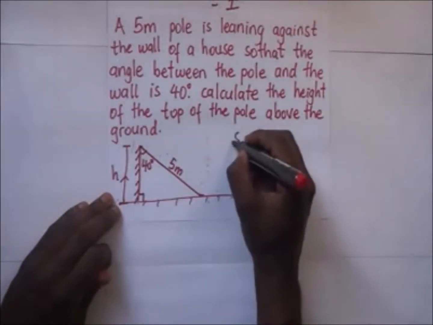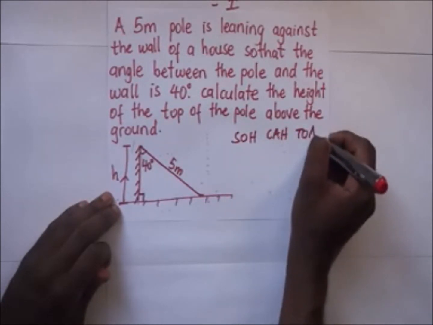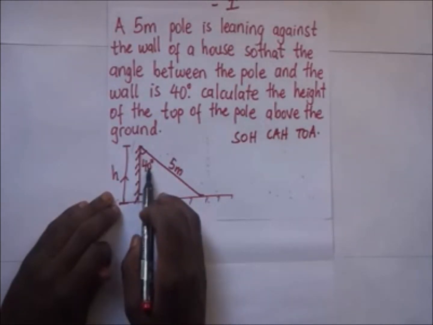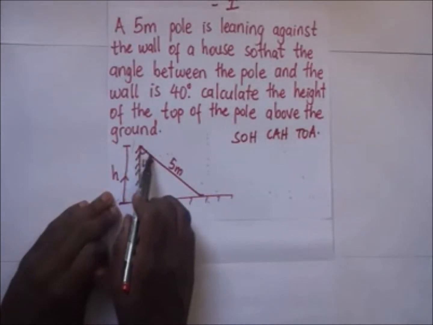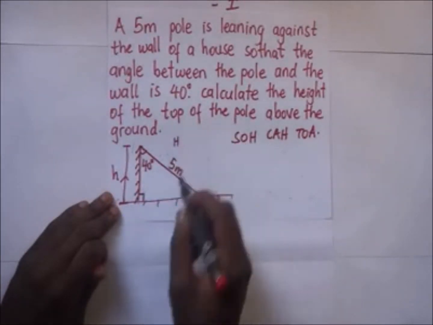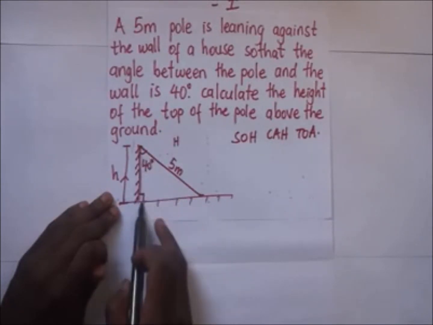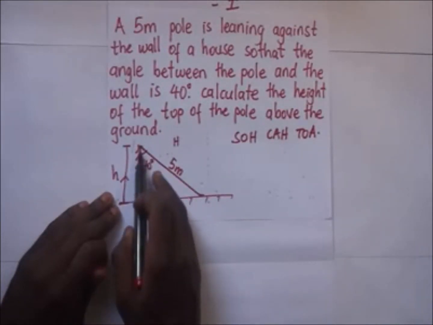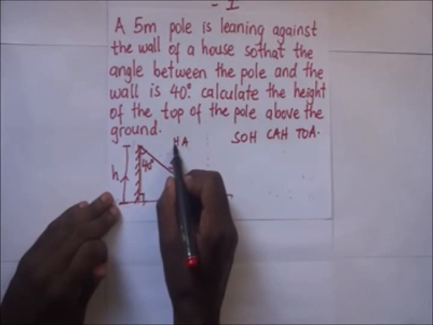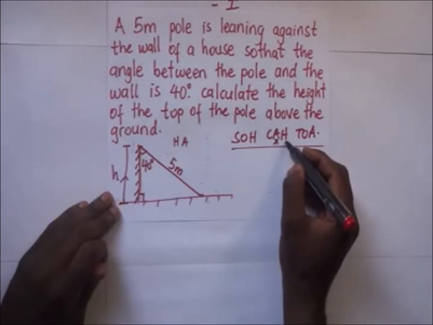Still, when we look at our SOHCAHTOA, we look for which trigonometric ratio is suitable to use. If you look at this 40 degrees, we say the hypotenuse is the longest side. So we have the hypotenuse, and we have this side, it is adjacent to 40 degrees. This one is opposite. This one is adjacent, and it's the one we are looking for, h. So we have adjacent and hypotenuse. When you come here and look for which one to use, we have adjacent there, we have hypotenuse.